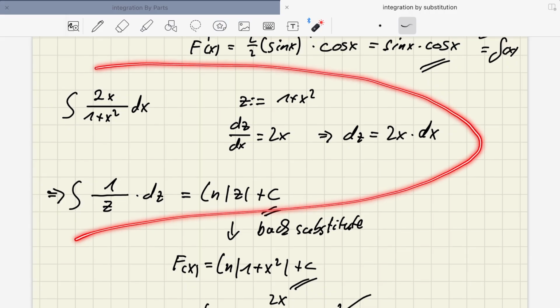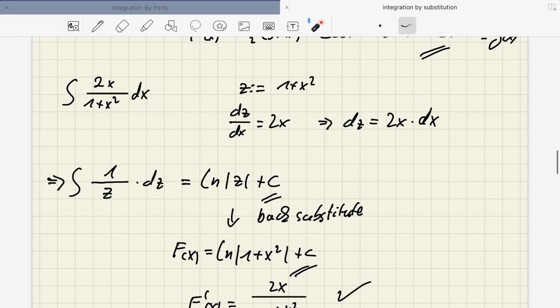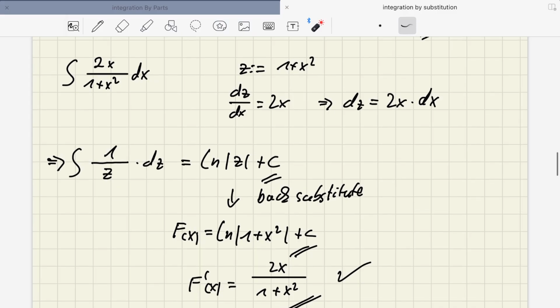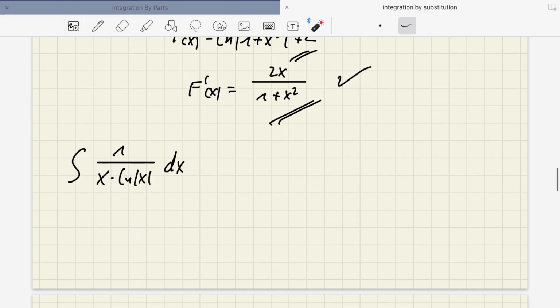Usually, if you practice and you see what you're looking for, these integration by substitution questions in the exam, usually if you develop an eye for this kind of integration, you will solve these tasks within, I don't know, 1 or 2 minutes. Yeah, maybe 3, 4. This is very fast and very easy points if you know what you're doing.